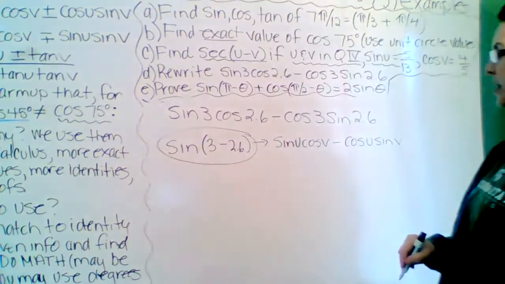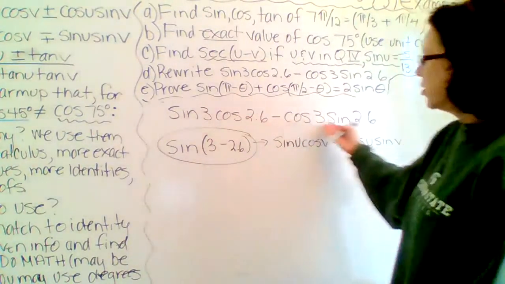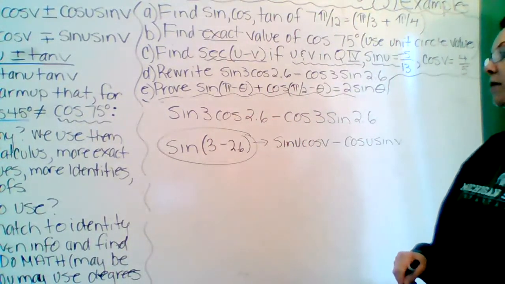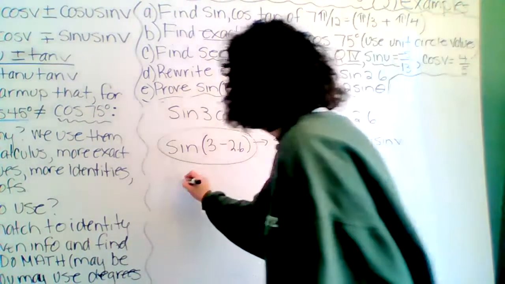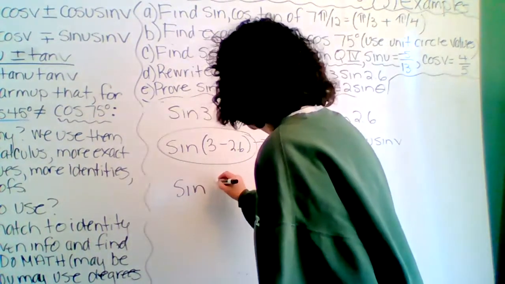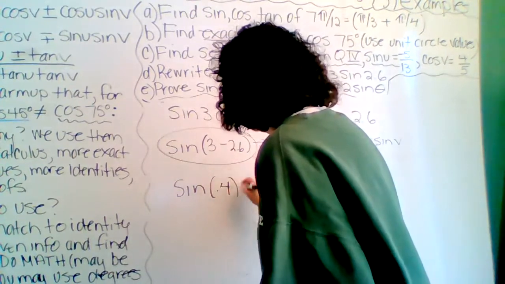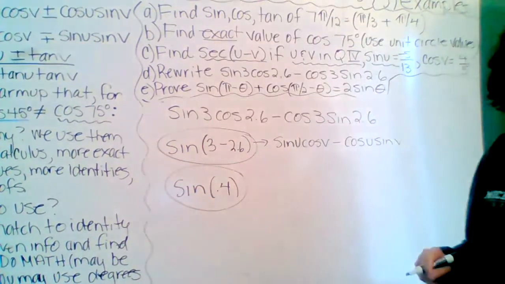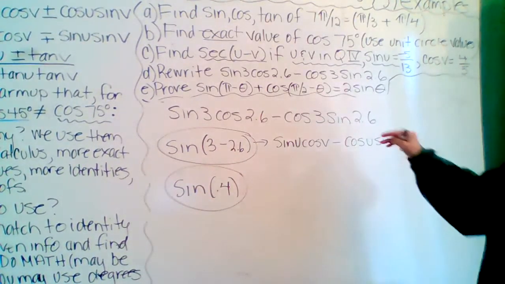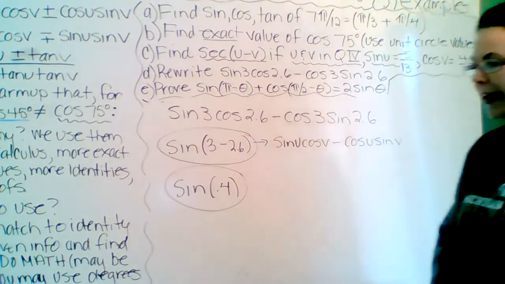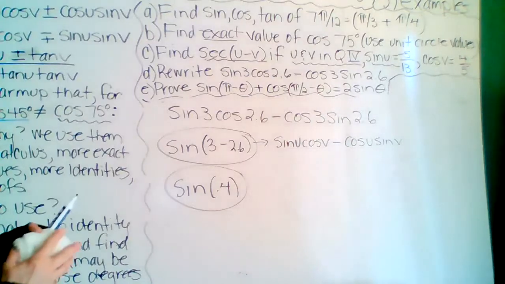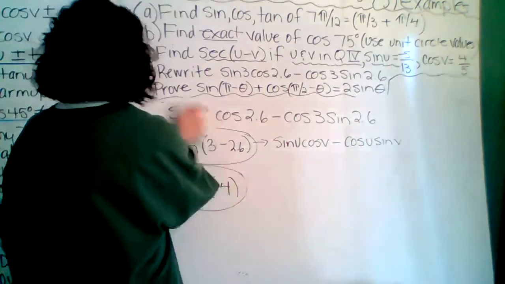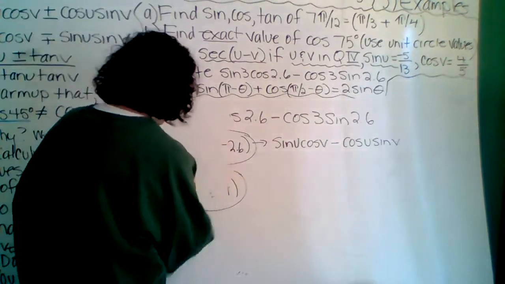So an equivalent expression to the expression we were given is sine of an angle 3 minus an angle 2.6, which I can actually subtract, sine of 0.4. Excellent. All I had to do was identify my situation and the angles and do a little bit of easy math. Last problem. We can do more proofs.